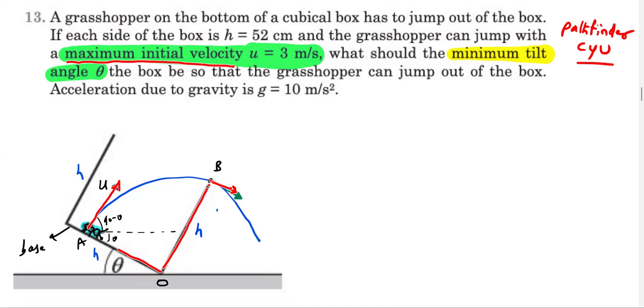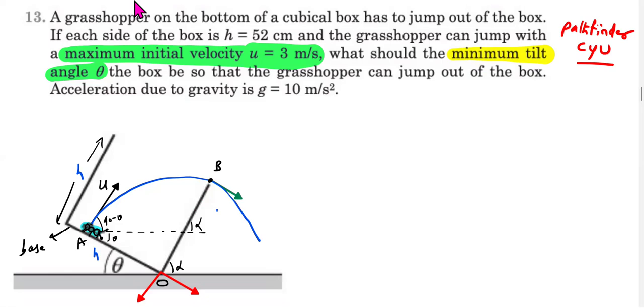And now we'll resolve this g into two components. Let this be the angle alpha. This total length is h.